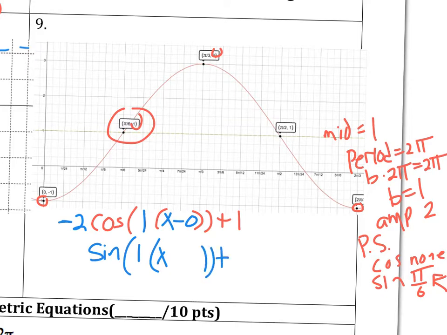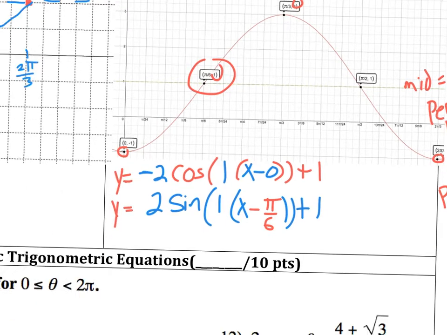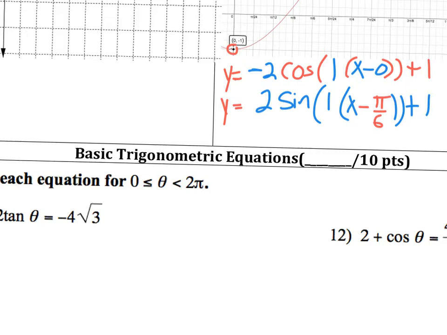The midline doesn't change. And we're going up instead of down, so we get a positive 2 as our amplitude. And we're pi over 6 to the right, so that's minus pi over 6. That's one equation for cosine, one equation for sine. Both give us this graph.